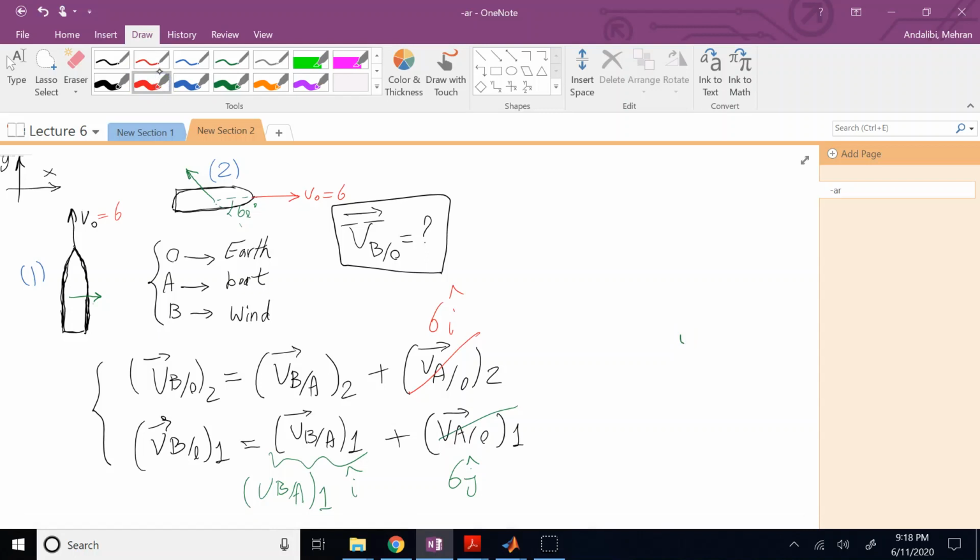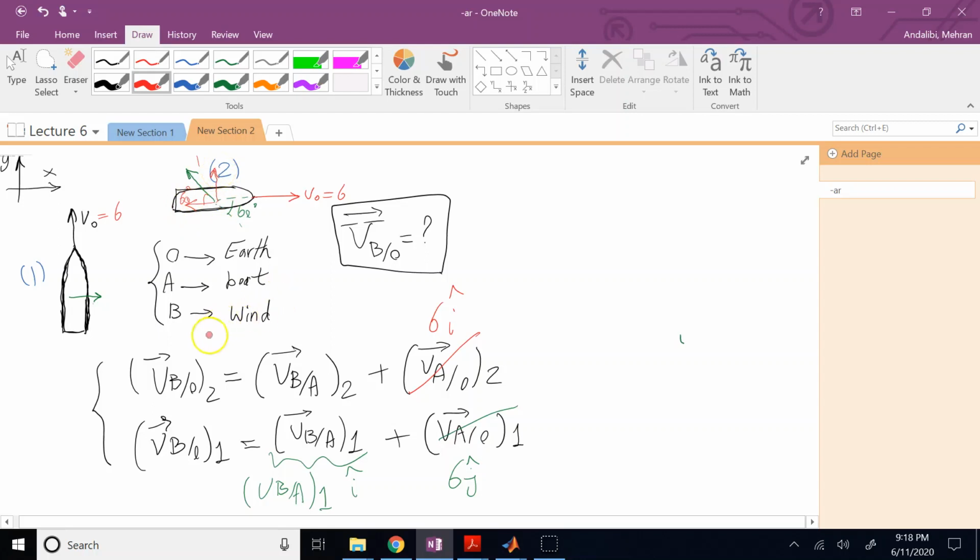The velocity of wind with respect to boat in position 2. It is on this green arrow, and this green arrow has a 60 degree angle with respect to the x-axis. And so the unit vector of that, if it has a magnitude of 1, has a cosine component in the i direction, negative, and it has a sine of 60 component in the positive j.